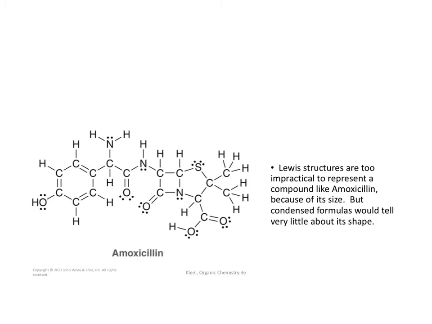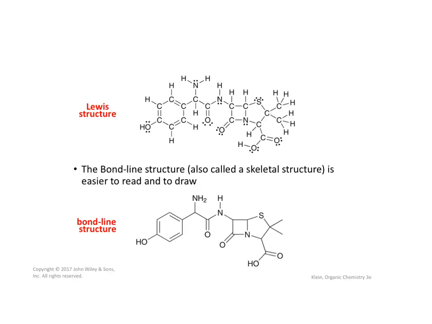And if we look at something like amoxicillin, if we draw the Lewis structure, so we're drawing in all of the bonds and all of the lone pairs, it starts to get really impractical when we do this for larger molecules. But if we were just to use the condensed formula, we would not have a lot of information about the shape of the molecule. So instead we use what are called bond line structures, also called skeletal structures, because they're just easier to read and draw.